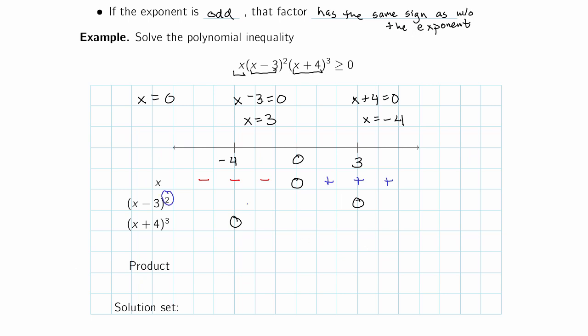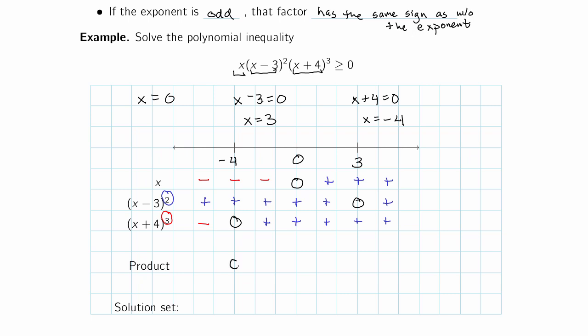So wherever it's not 0, it's always positive because we're squaring it. But x plus 4 is taken to the third power, so its sign is not affected. It's negative when x is less than negative 4. It's positive whenever x is greater than negative 4.